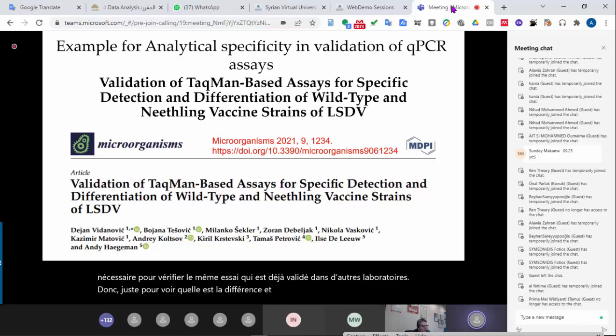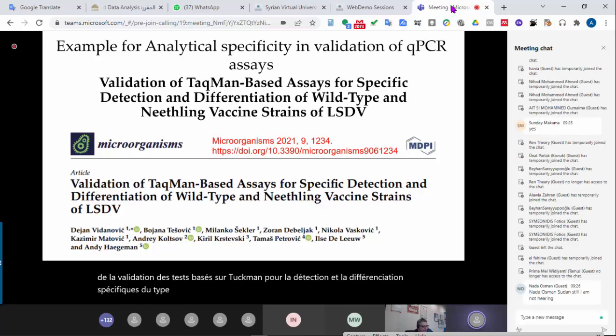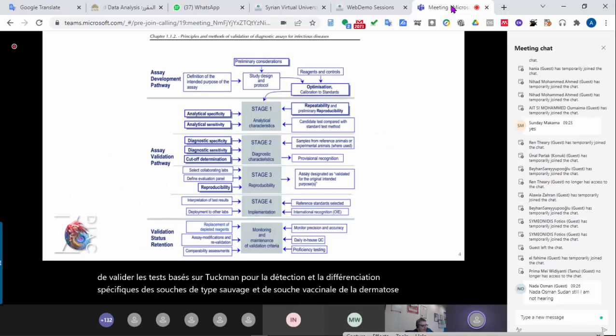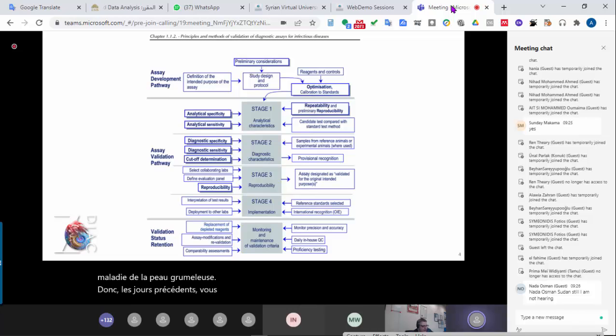It is about validation of TaqMan-based assays for specific detection and differentiation of wild-type and Neethling vaccine strains of lumpy skin disease virus. In previous days, you had the opportunity to see this slide, which shows the principles and methods of validation of diagnostic assays for infectious diseases.